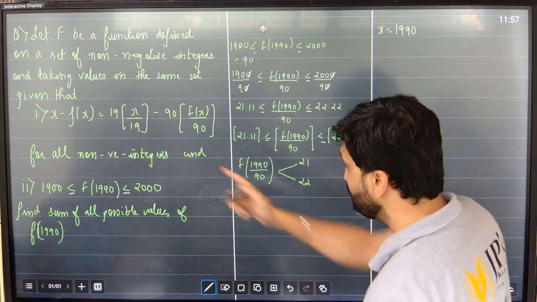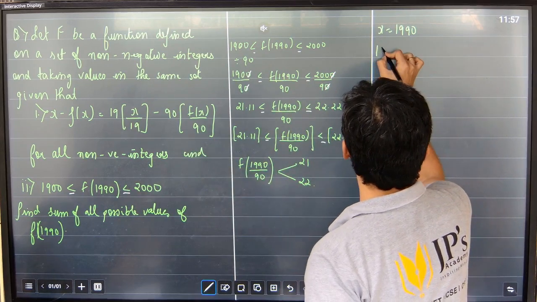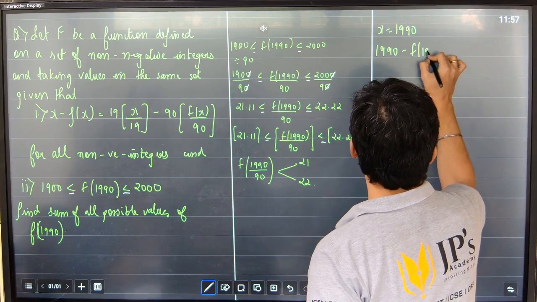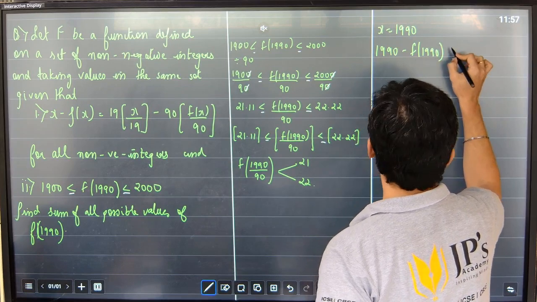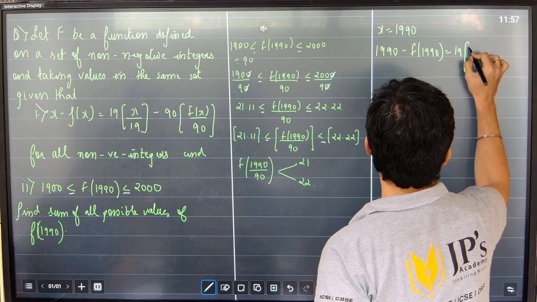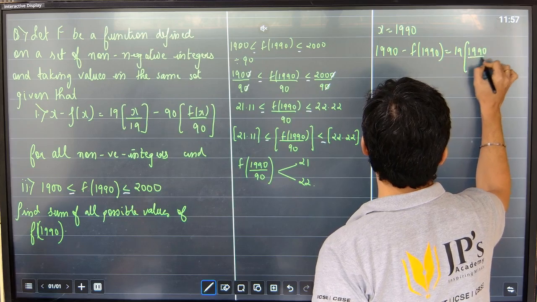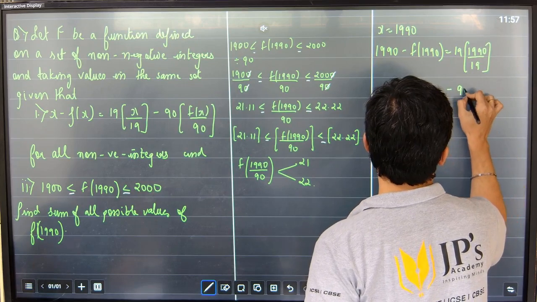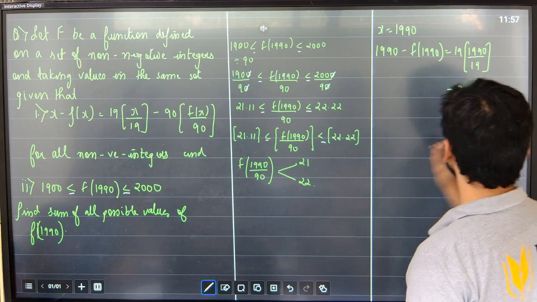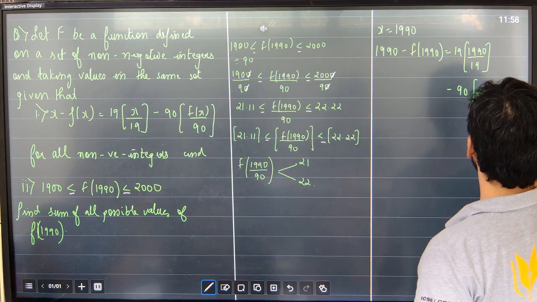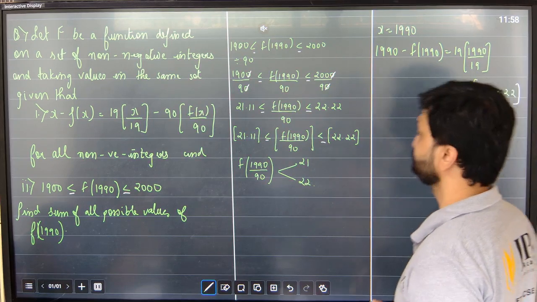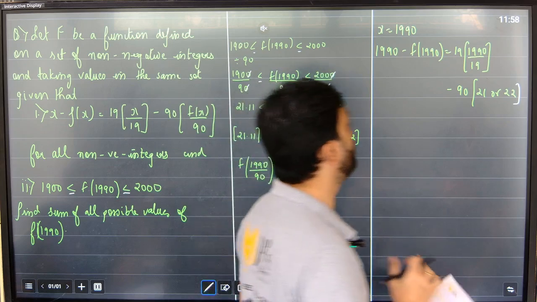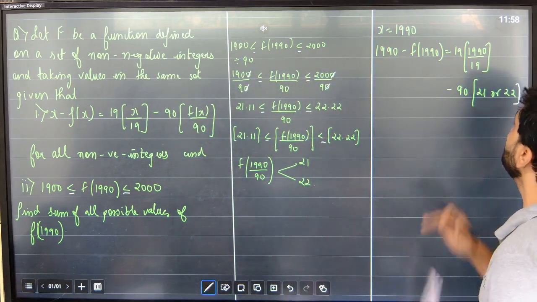So the first equation will become 1990 minus f of 1990 is equal to 19 into the greatest integer of 1990 divided by 19 minus 90 into, now this value, it will be 21 or 22. So I'll have to substitute 21 or 22.